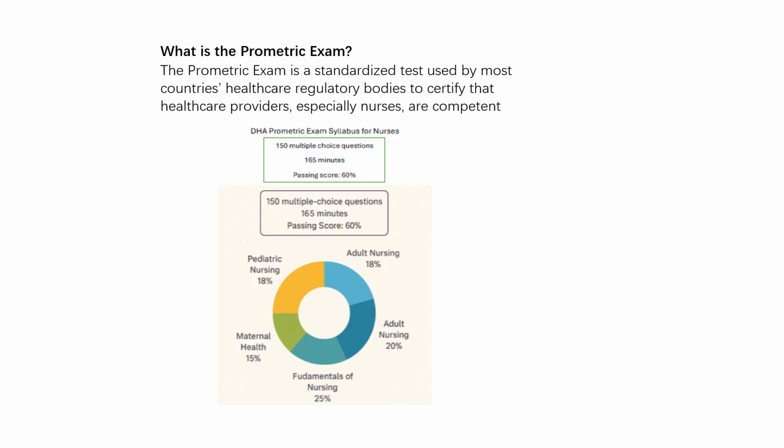Yeah, we see adult nursing 18%, and another adult nursing at 20%, and then fundamentals of nursing 25%, maternal health 15%, and pediatric nursing 18%. Those are the percentages of topics covered in the prometric exam.